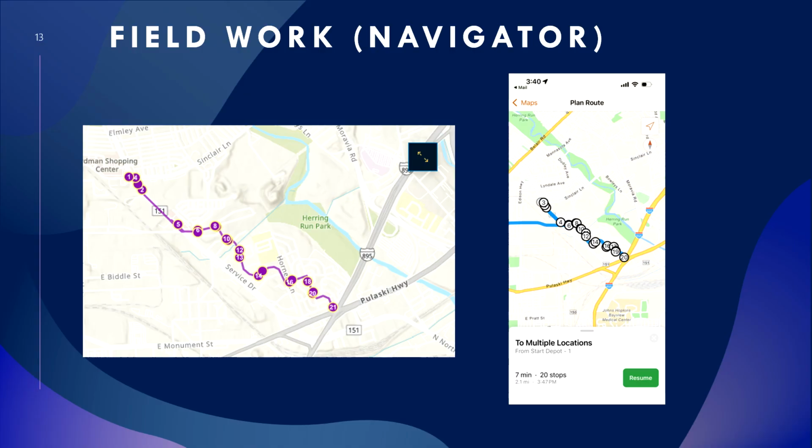I then was able to open that route in the Navigator app, as you see here on the right, and you see how it shows the order in which the flyers should be posted, and this app also gives step-by-step directions, so it's super helpful for efficiently posting flyers and allocating your resources as efficiently as possible.